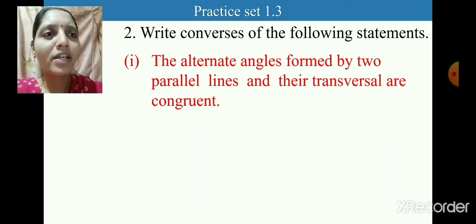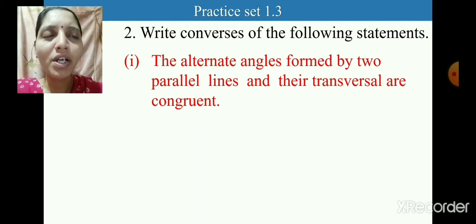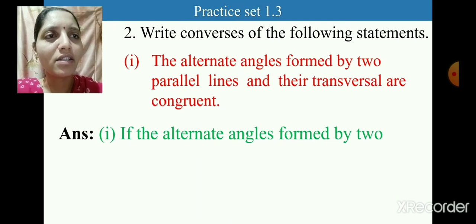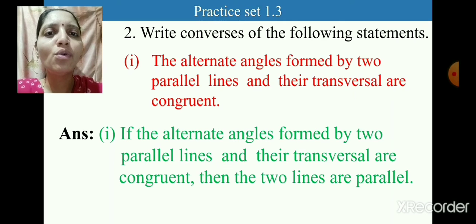So what will you write here? Your antecedent should become the consequent and the consequent should become the antecedent. So your converse will become, if the alternate angles formed by two parallel lines and their transversal are congruent, then the two lines are parallel. Is that clear to all of you?